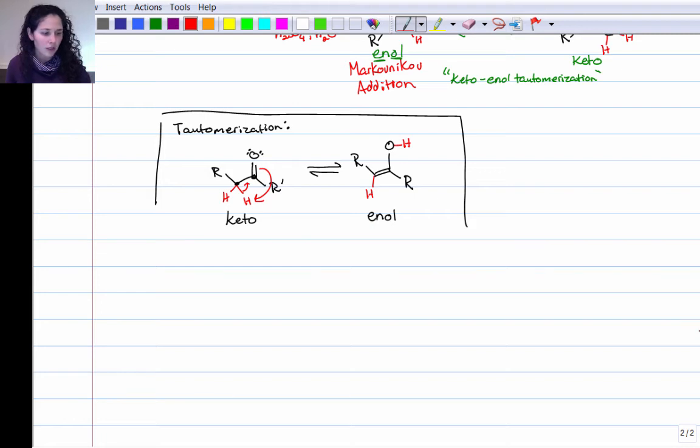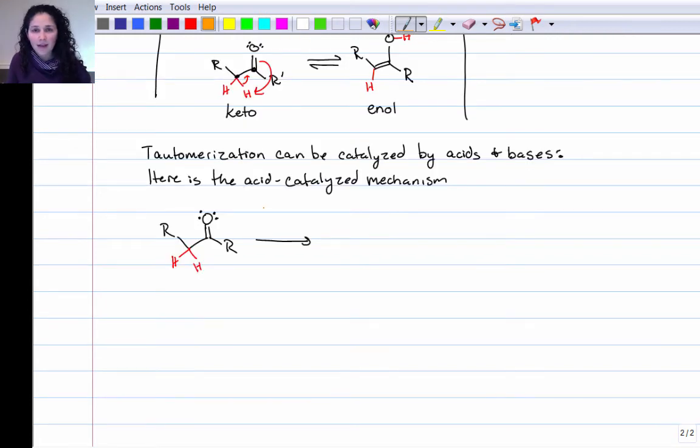Now, tautomerization can be catalyzed by acids or bases. I'm going to draw out the acid-catalyzed mechanism. So if I have acid in solution, it's usually in the form of H3O+. And here I have a Lewis base and a Lewis acid, which can exchange a proton.